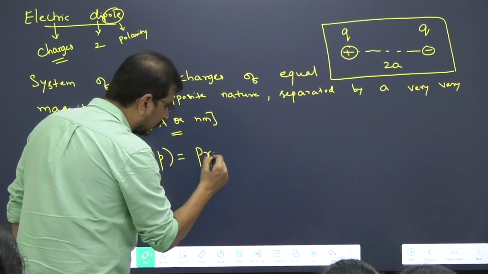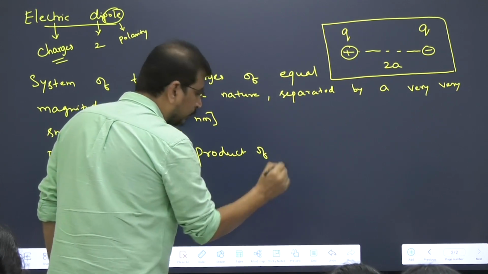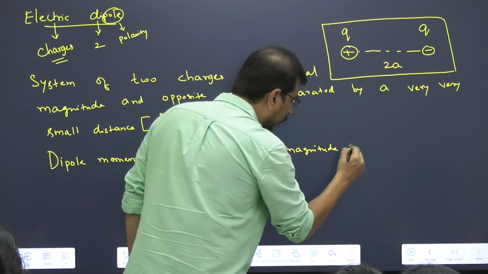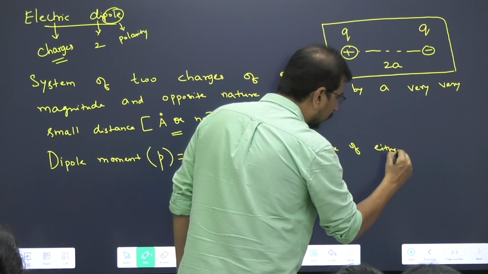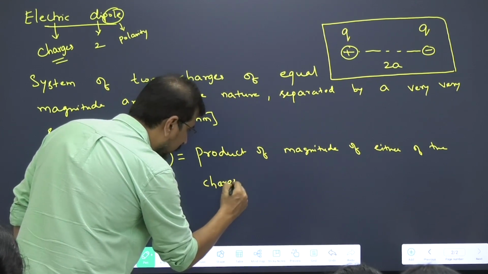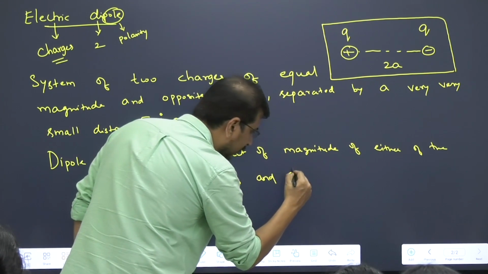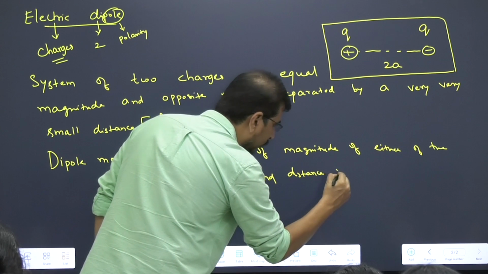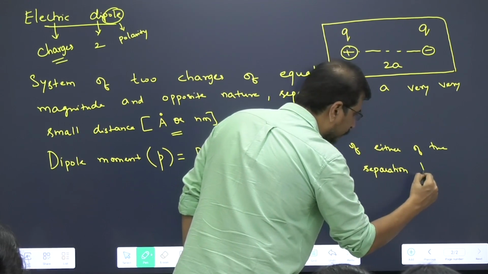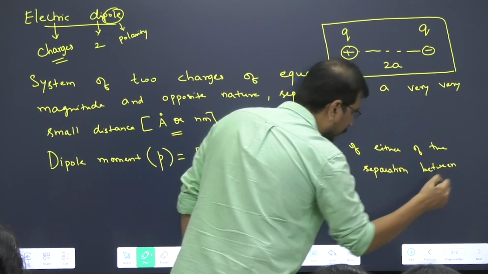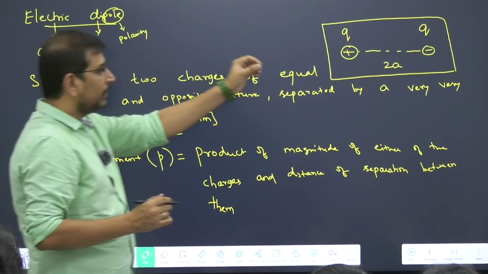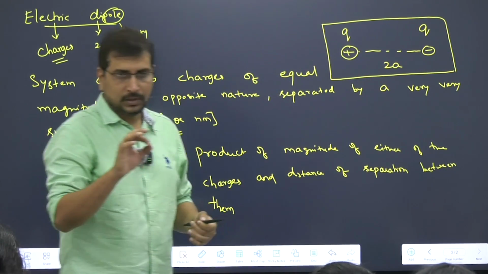It is a product of the magnitude of either of the charges and the distance of separation between them. If you observe, the magnitudes of both are the same.